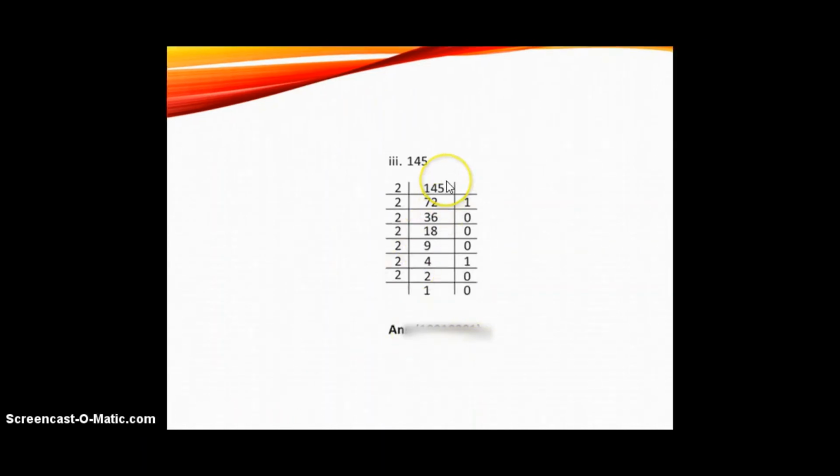Now the third number which has to be converted to its binary equivalent is 145. Again we have to follow the same steps. Since it is a binary number, we will factorize it by 2. We will divide the number repeatedly by 2, and we have to write the remainders in reverse order, from bottom to top.